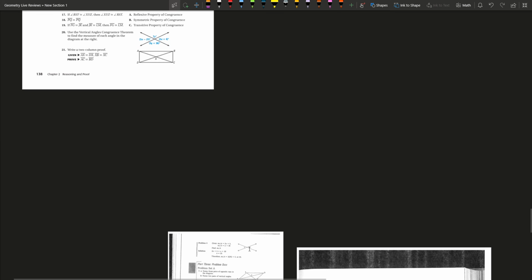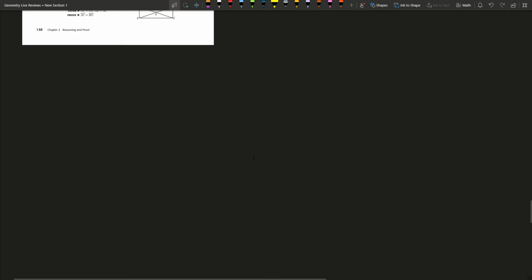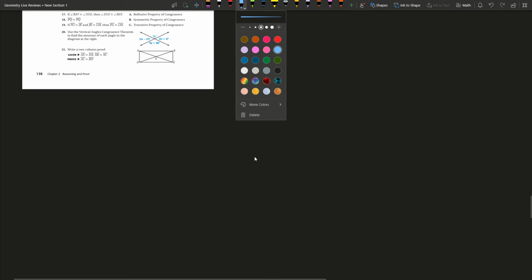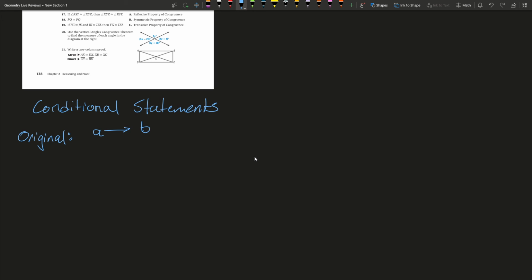Conditional statements. So if our original conditional statement is if A, then B, our converse is that reversed.